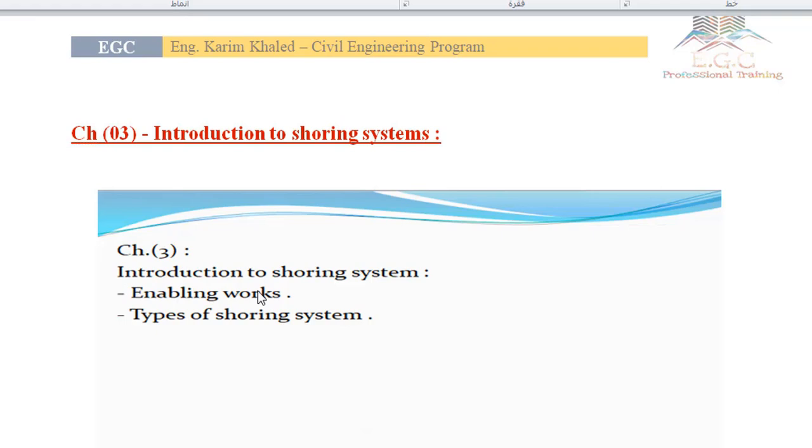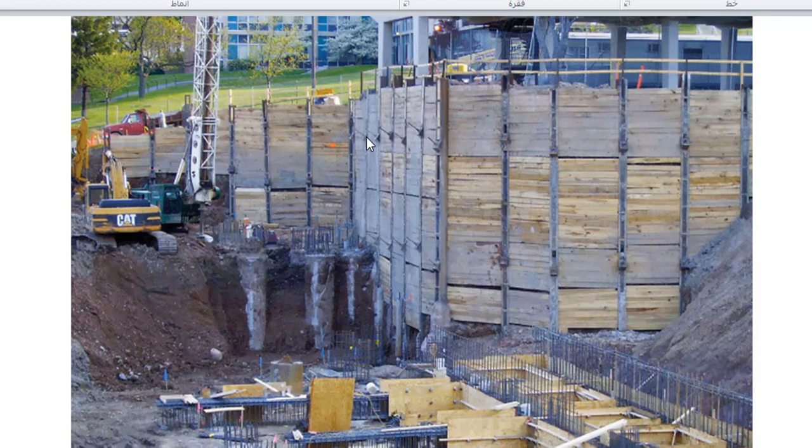Enabling work includes shoring system and dewatering. In this duration, we are preparing the site to be able to make a construction on it. Enabling works include demolition, and so on.